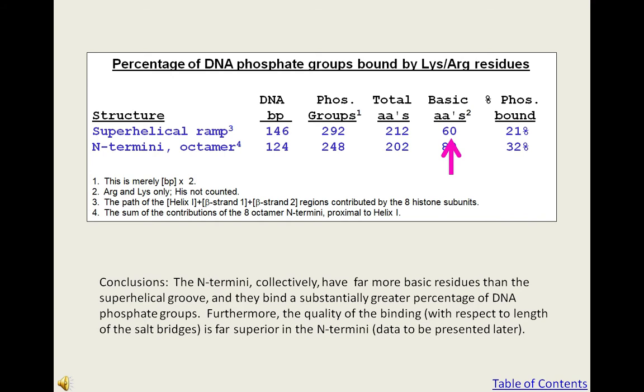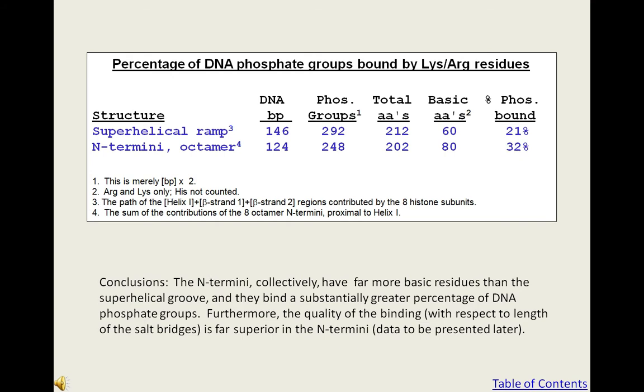Histidine is rather short compared to lysine and arginine, and furthermore, at physiological pH, its positive charge is negligible. As for the longer and more powerfully charged lysine and arginine residues in the superhelical ramp, their numbers are sufficient to neutralize only 21% of the phosphate group negative charges in DNA. Moreover, as we showed in part 1, the alignment between these positive and negative charges is surprisingly poor.